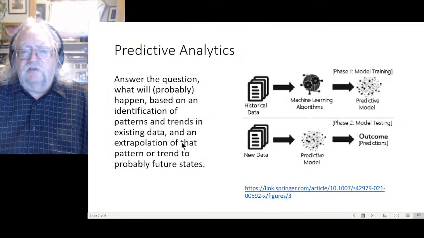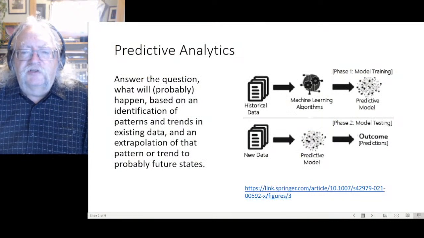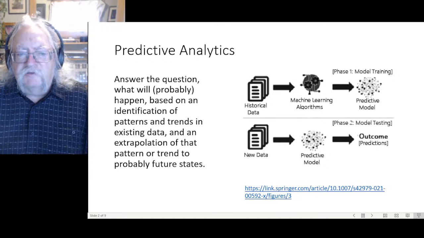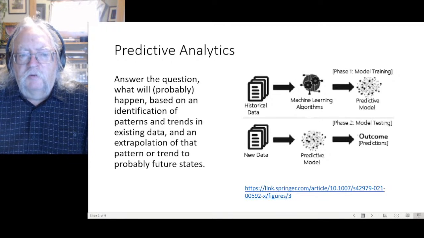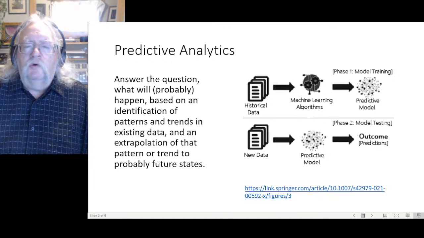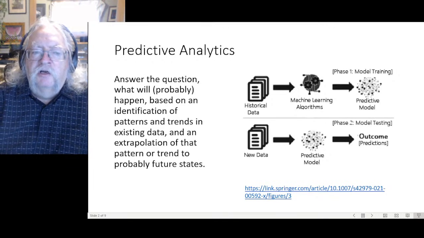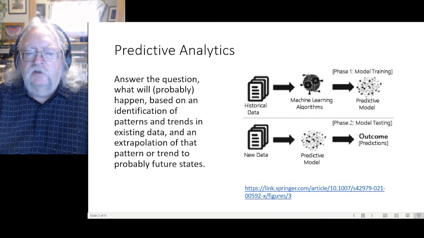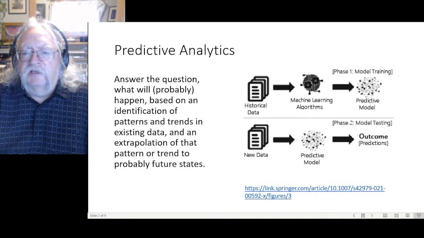Predictive analytics essentially involves a two-stage process, and the purpose of them is to answer the question of what will happen in the future based on an identification of trends and patterns in existing data.